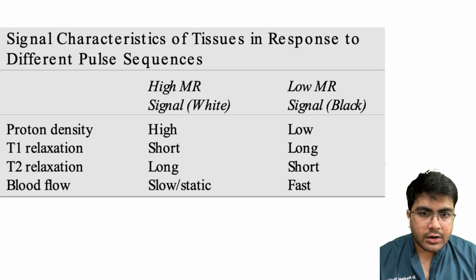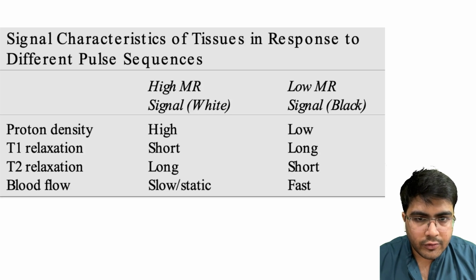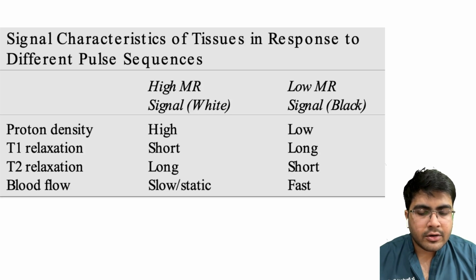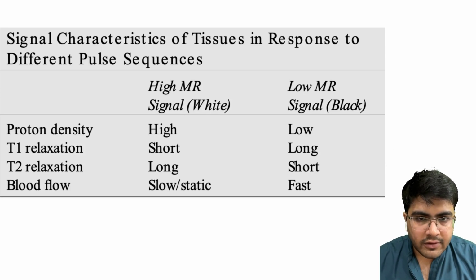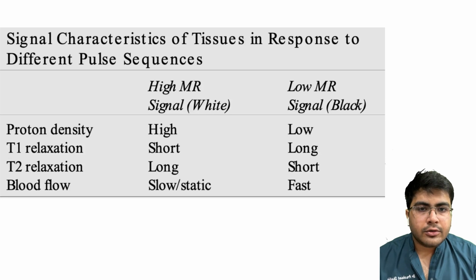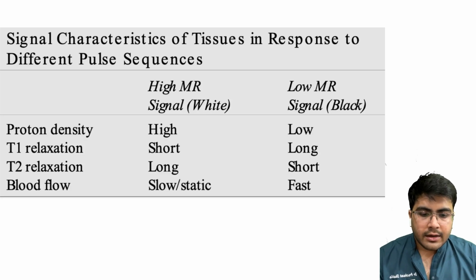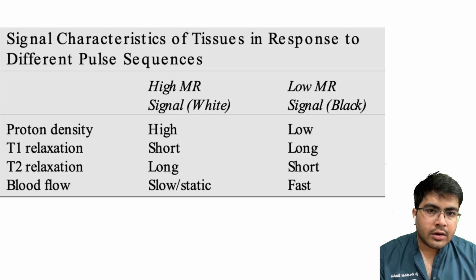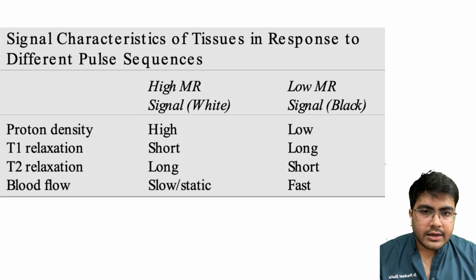We'll see what appears white on T1 and what appears black on T1, but the basis is that if T1 relaxation is short, it produces high MR signal, causing whitening of the images, and if T1 relaxation is long, it causes low MR signal and black images. Next, if the T2 relaxation is long, it would produce high MR signal leading to white images, and if it is short, it would produce low MR signal leading to black images.